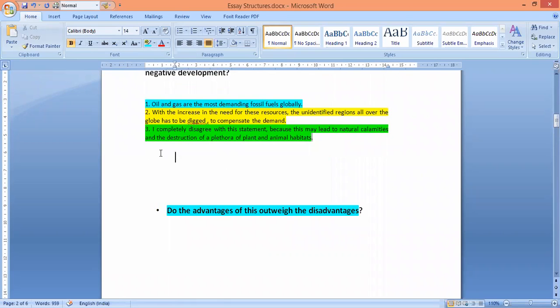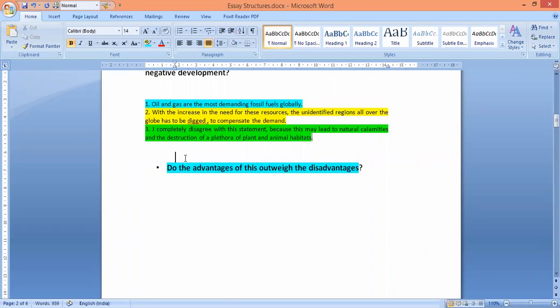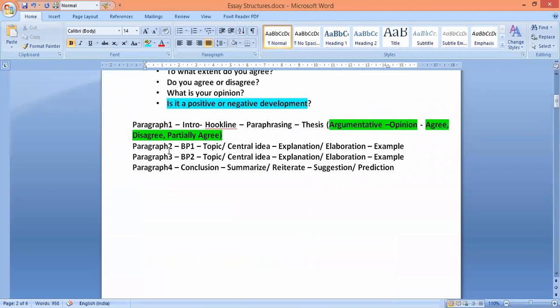Let's discuss this now. Do the advantages outweigh disadvantages? This is a part of argumentative, but what I would recommend is, I'll take this whole structure here.